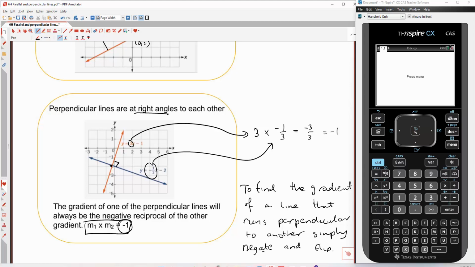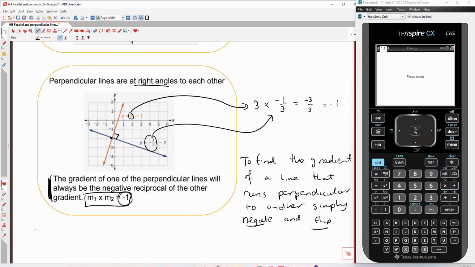So negate and flip. This is what the sentence says, albeit it's a bit more mathematical.